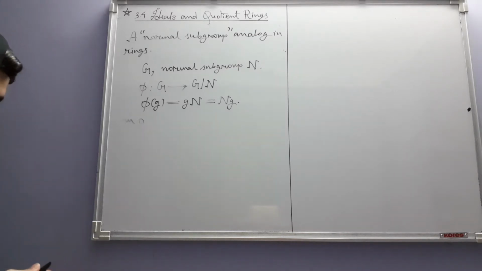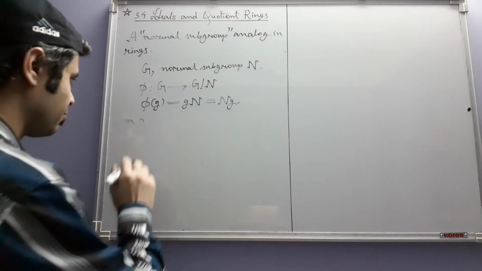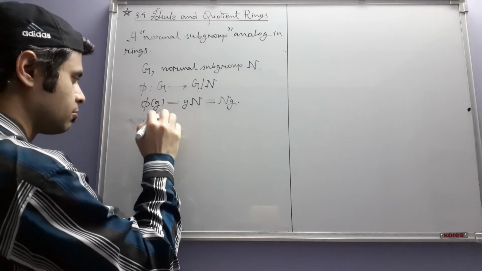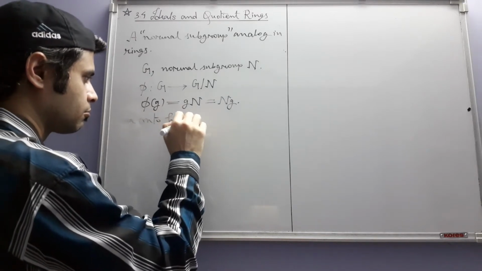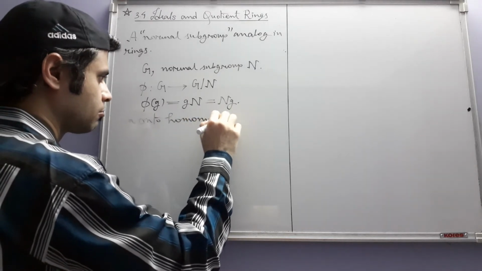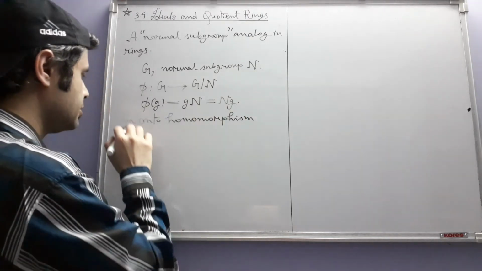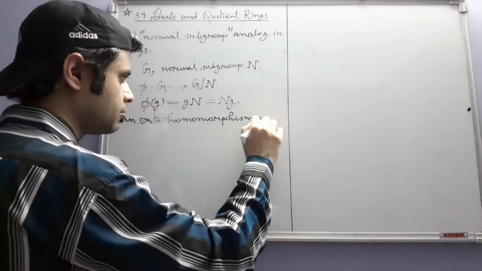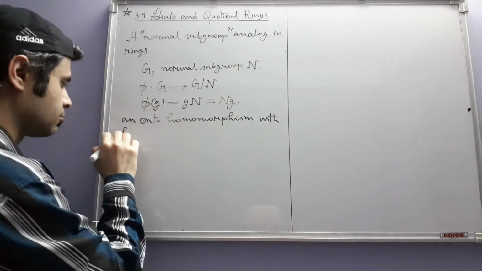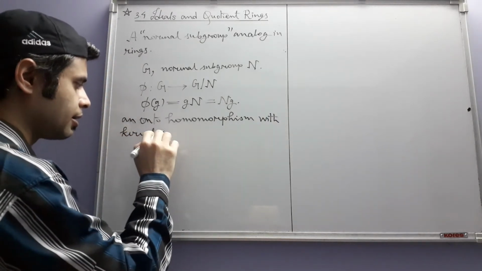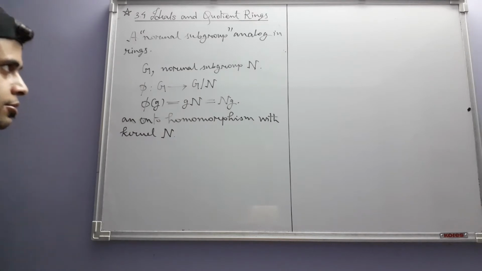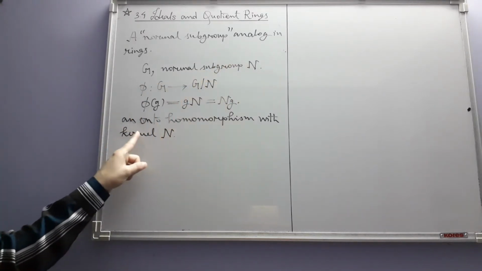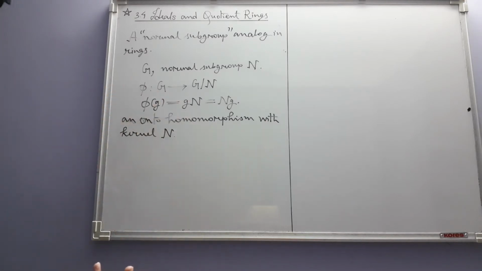So from group theory, we know that this map is an onto homomorphism with kernel N. So if a normal subgroup is given to me, then it turns out to be the kernel of some homomorphism.